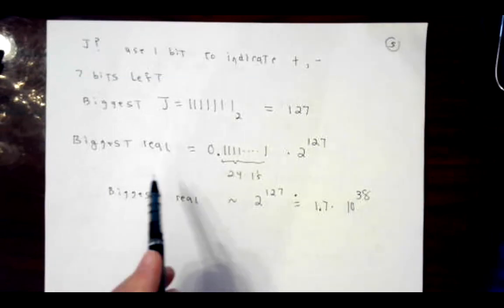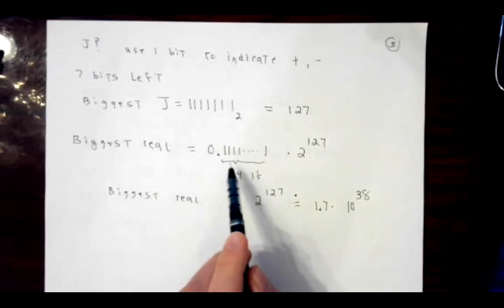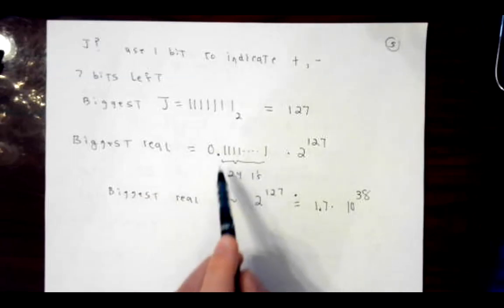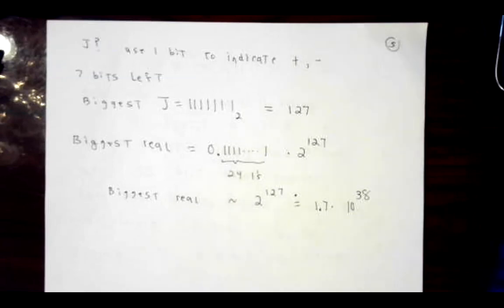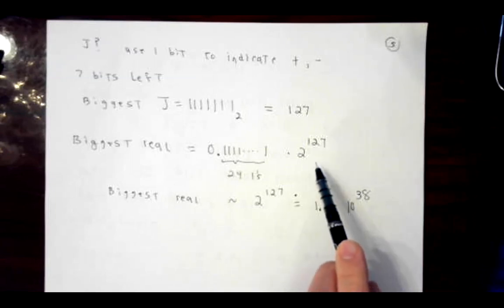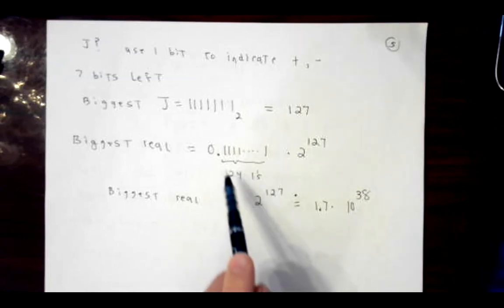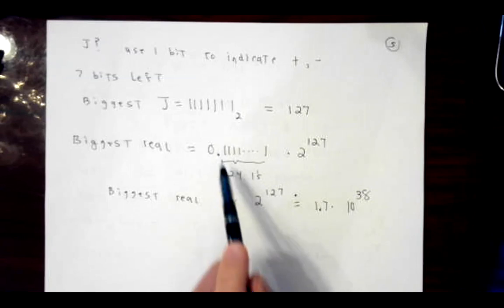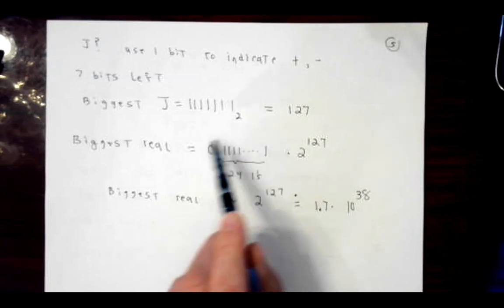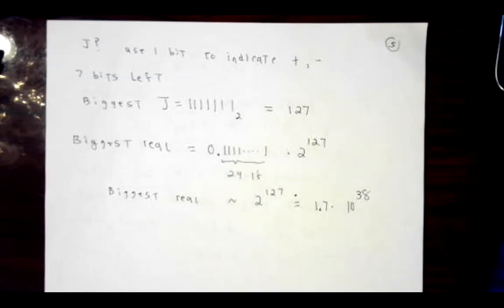So the biggest real is going to be 24 binary bits after a decimal point. I suppose it really ought to be called a binary point. In any case, times 2 raised to the 127 power. If you do the same kind of geometric series type approximation as before, you'll find out that if you write down the binary point and then 24 ones, this number is very nearly equal to 1.